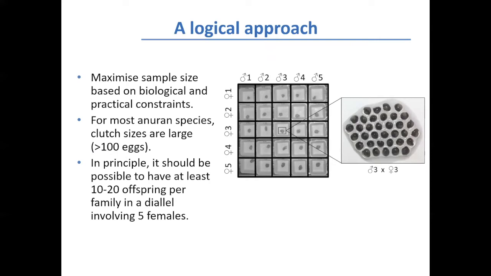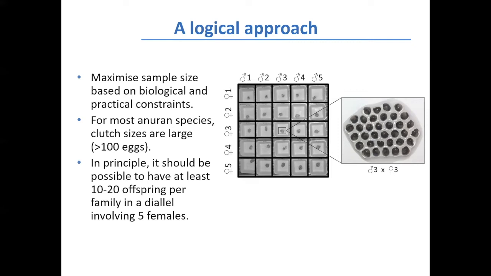Perhaps the most logical approach is to maximize sample size based on biological and practical constraints. For most anuran species, clutch sizes are large, greater than about 100 eggs. So in principle, it should be possible to have at least 10 to 20 offspring per family in a diallel experiment involving 5 females. This is a good sample size that is likely to generate meaningful data and provide some important insights into the risk of outbreeding depression or the likelihood of heterosis, hybrid vigour.